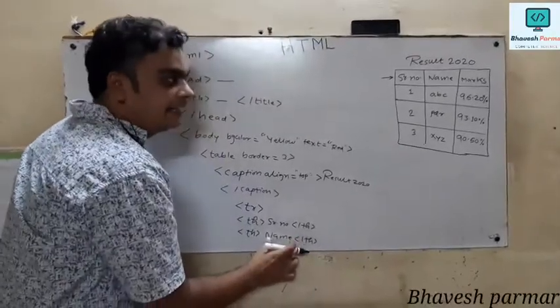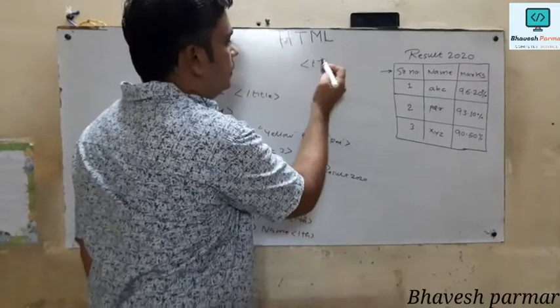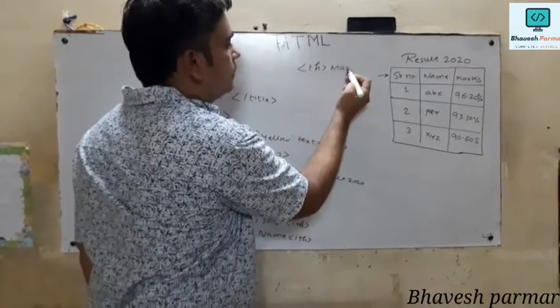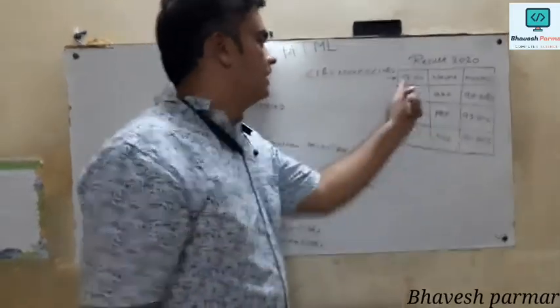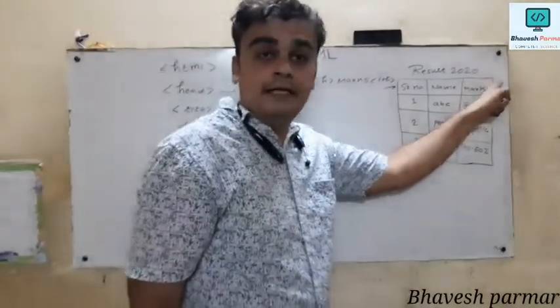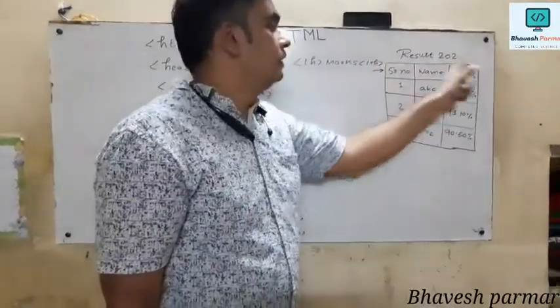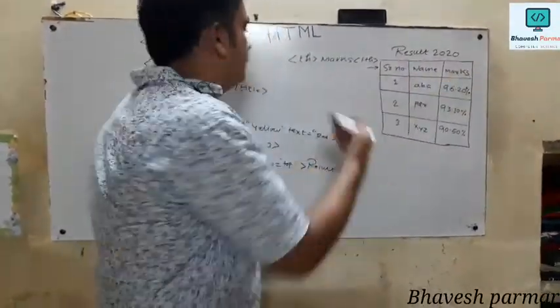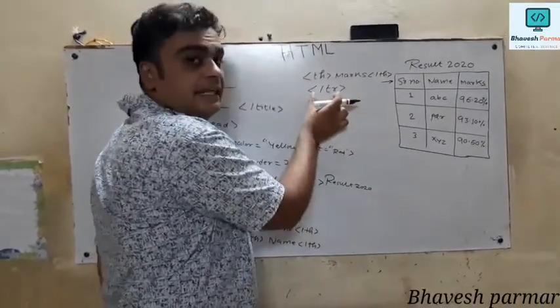This is my second heading. Then my next heading is marks, so I write TH marks slash TH. So these are my three headings. Suppose there is one more heading, I write again TH that information slash TH. This is my last heading. Thereafter I terminate this row, which is represented by slash TR.